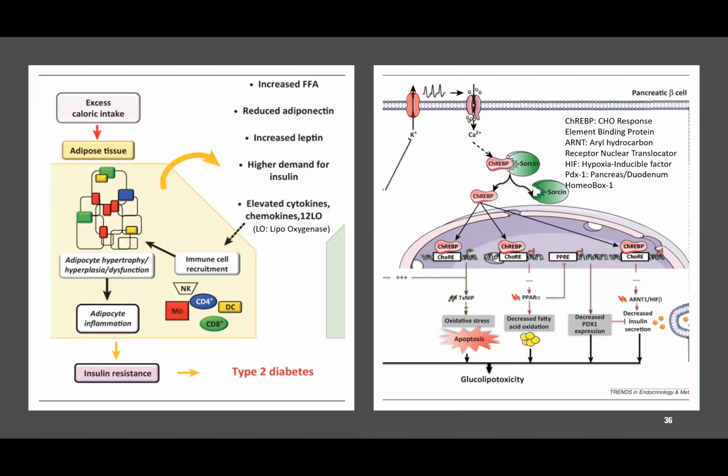Now on the left side I will see increased free fatty acids, reduced adiponectin, which is a protective substance, increased leptin, which is a dangerous substance. Adiponectin reduces adiposity. Leptin increases the adiposity. And these increase the demand for insulin, elevated cytokines, chemokines, and then the lipoxygenase 12 also.